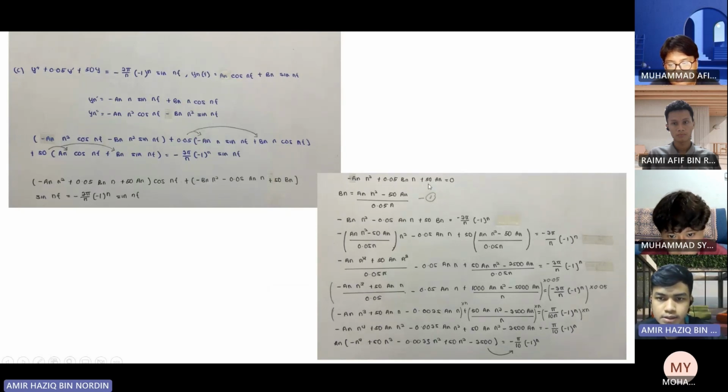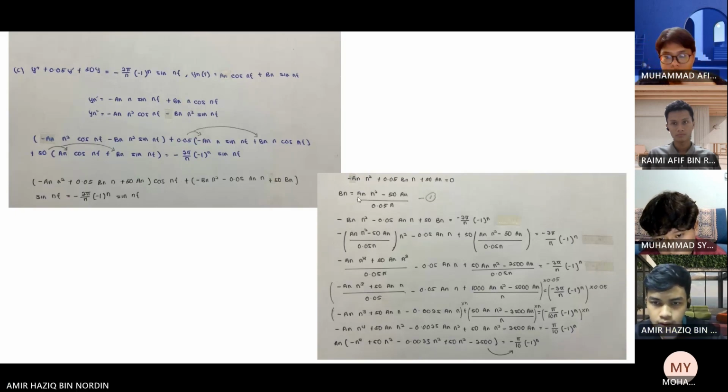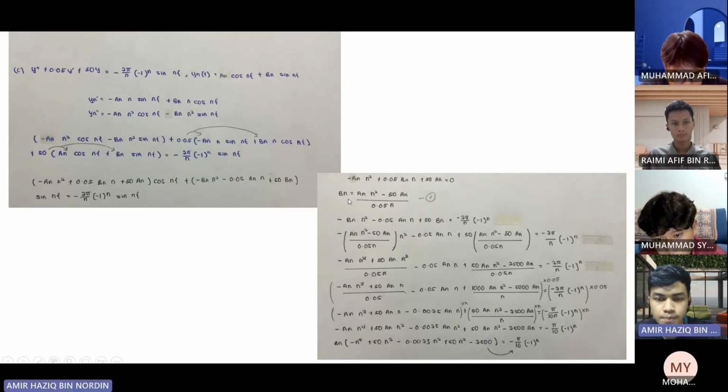From the other equation, which we factorize as sin nt, we get this equation. Then we put the value of Bn into this equation, and we will get something like this.